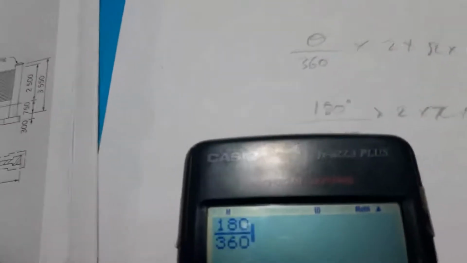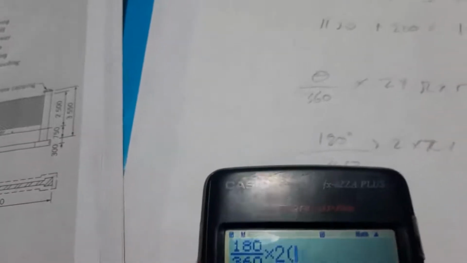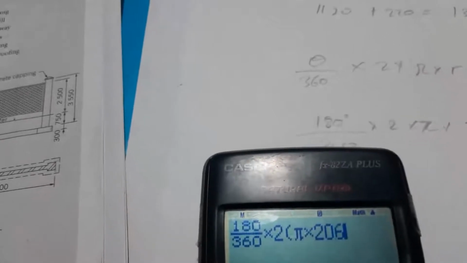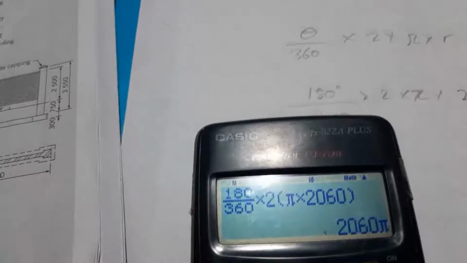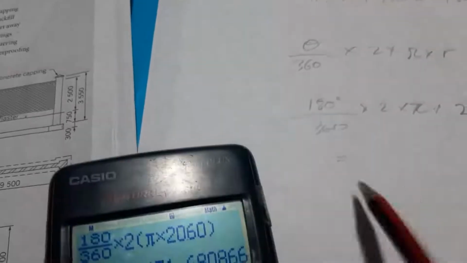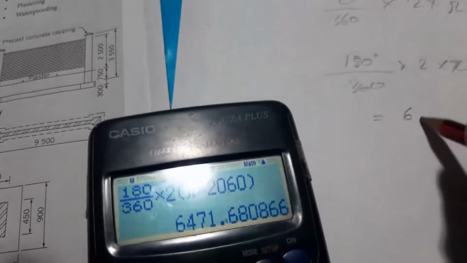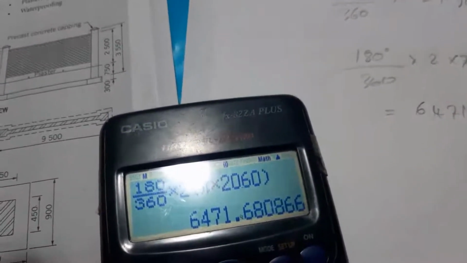So the length will be, that length would be 6,471.68.